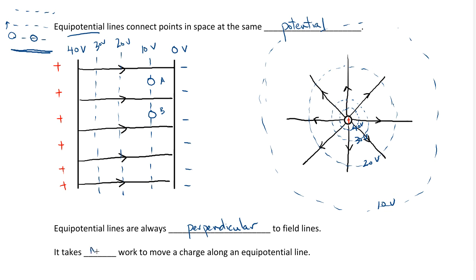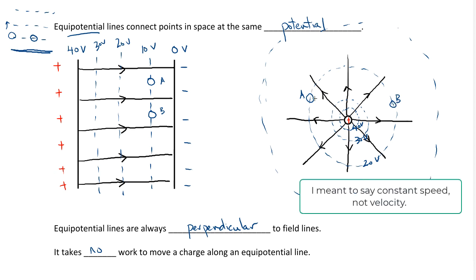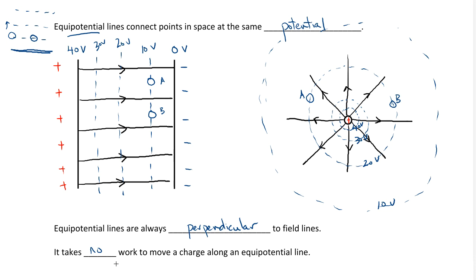So it takes no work to move a charge along an equipotential line. I could go from A over here to B over there, and because I'm not changing the electric potential energy and I'm not changing the kinetic energy either, if I'm doing this at constant velocity, I'm not changing the energy at all, it takes no work. So equipotential lines are always perpendicular to field lines, and it takes no work to move a charge along an equipotential line. That's an introduction to equipotential lines.